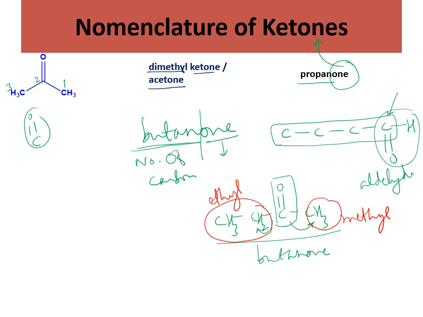So I will say ethyl methyl ketone, and that will give us the common name for this compound. So this compound is butanone, or commonly it can be called ethyl methyl ketone. I hope that you have now understood how we are getting ketones. So I will clear the space and we will see some more examples now.